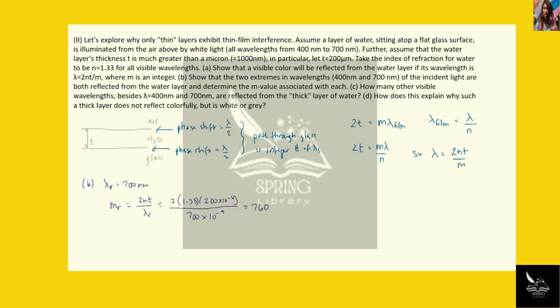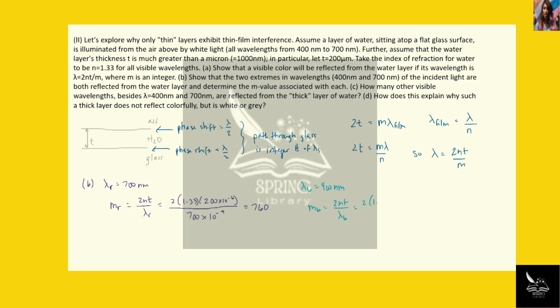Let's do the same thing for the blue end, 400 nanometers. So m for our blue color is going to be 2nt over lambda blue.